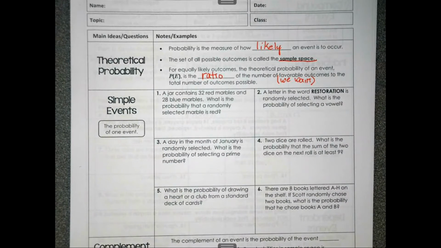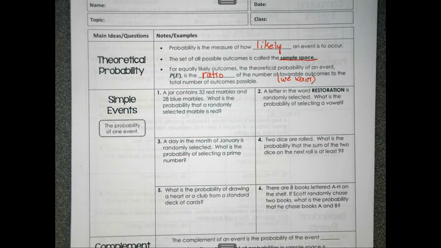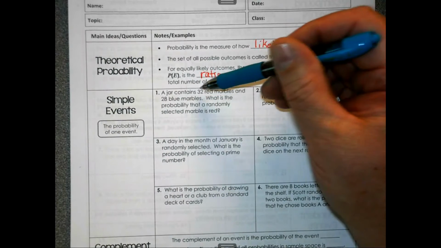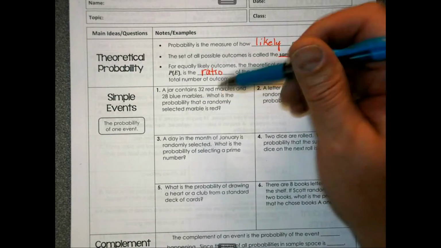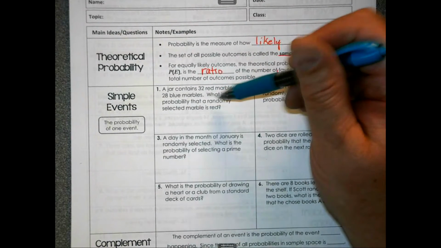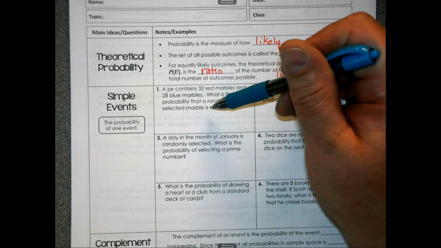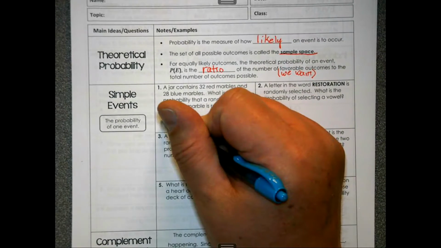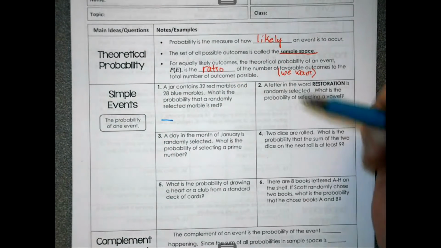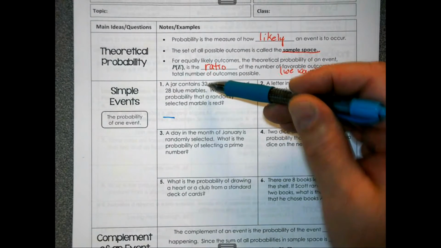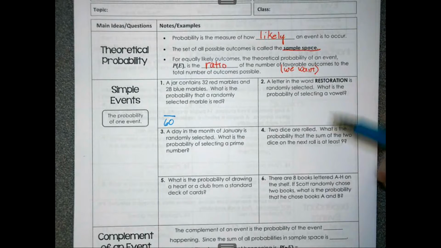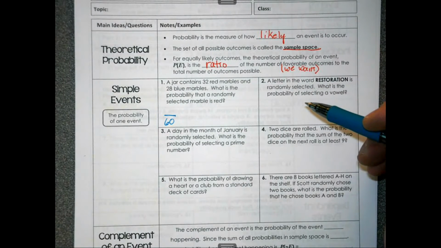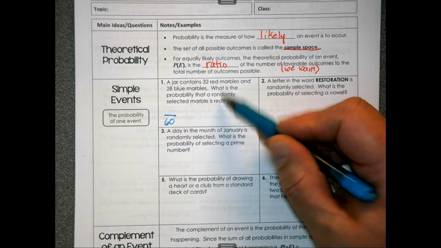All right, let's look at a first example of this. A jar contains 32 red marbles and 28 blue marbles. What is the probability that a randomly selected marble is red? I always like to do my total first. 32 plus 28 means we have 60 marbles in the jar. We want red ones, so that's 32.